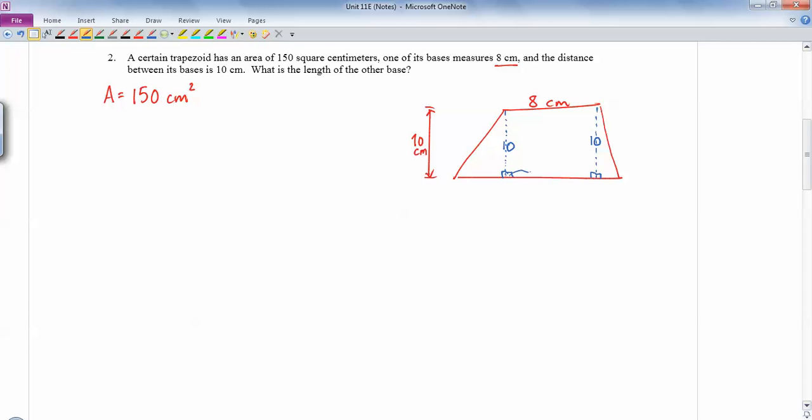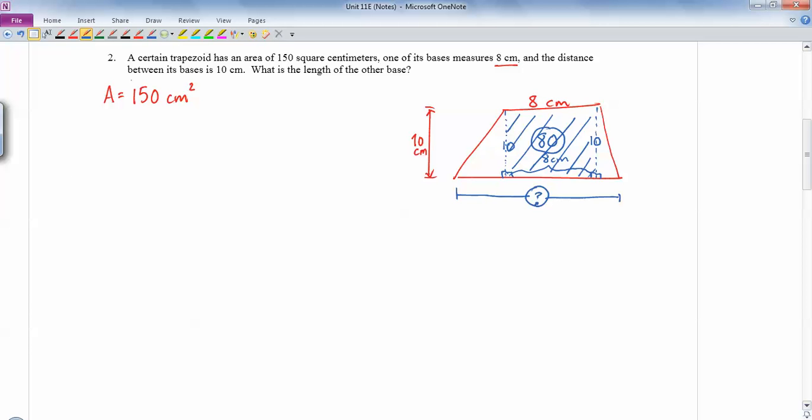We know that this part in the middle has to be 8. By the way, the question is, how long is this other base? So I know that rectangle is just going to be 8 times 10. So this part in the middle is 80.